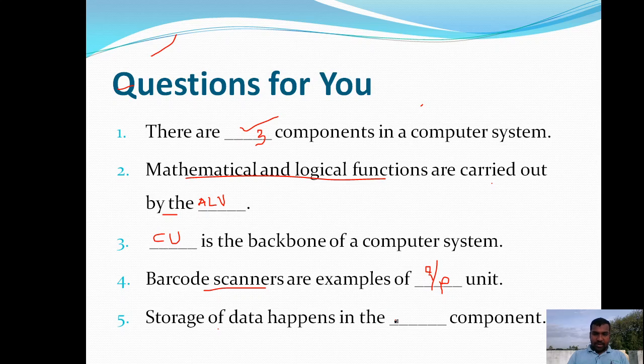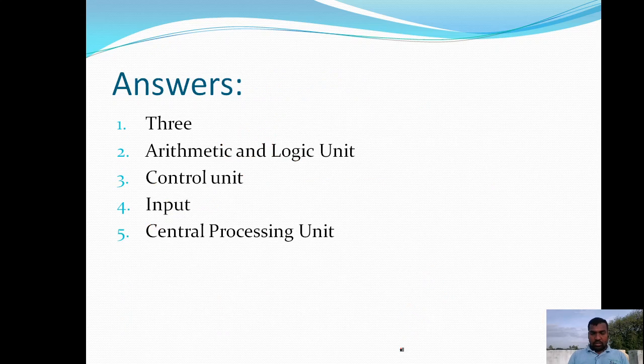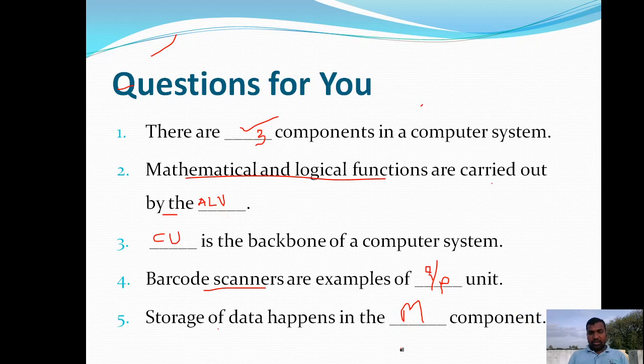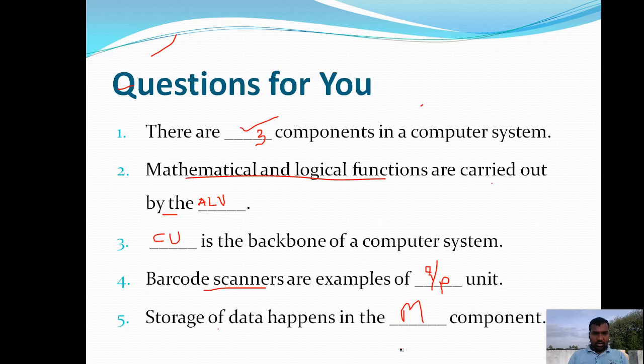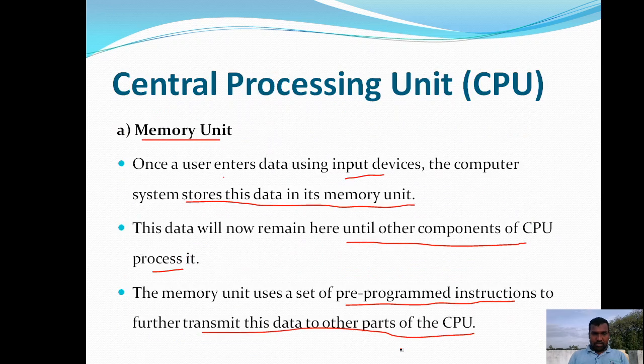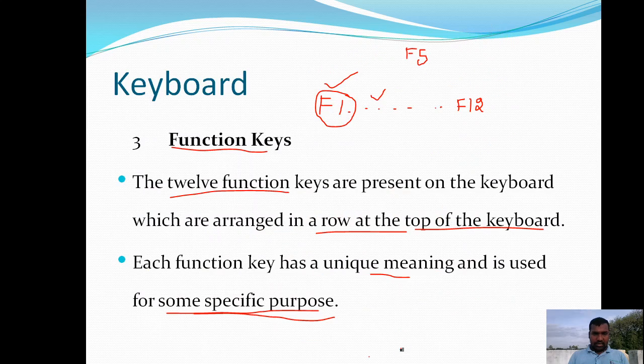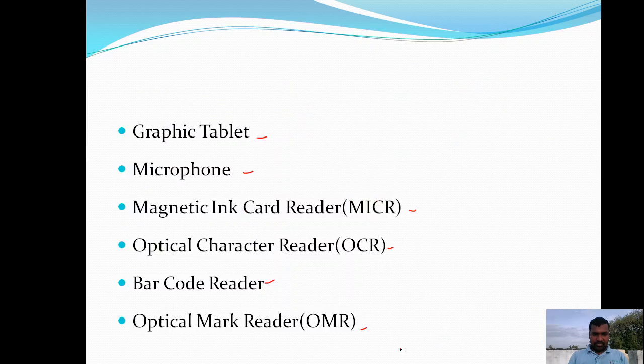Storage of data happens in the dash component: the memory unit, which is under the CPU. So these are the answers for this session. Once again I am moving towards the input devices that are available.